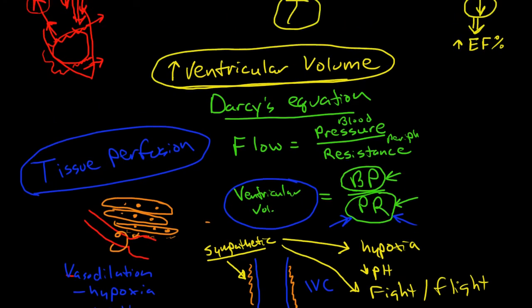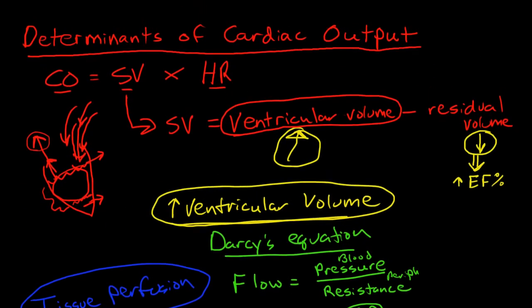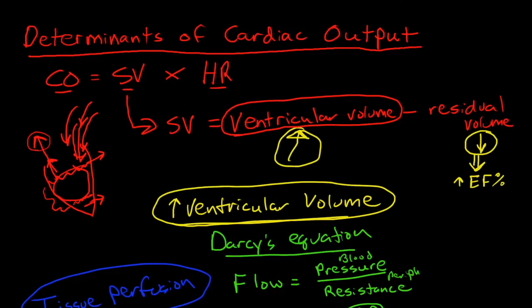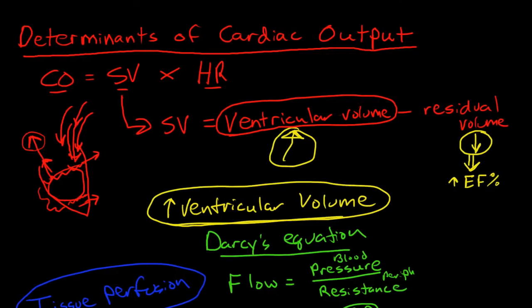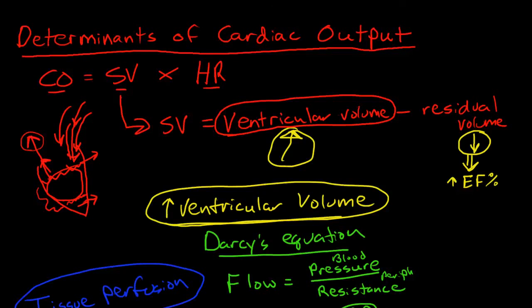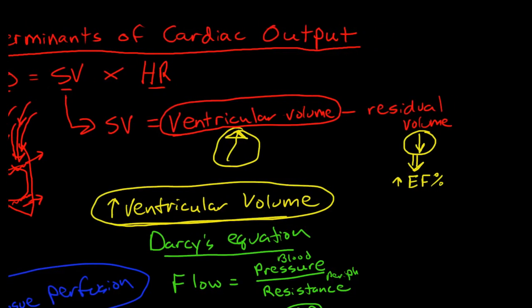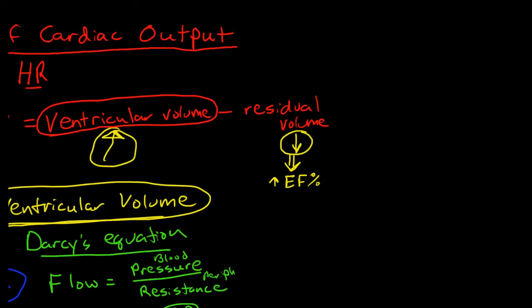Now let's talk about decreasing residual volume, which is akin to increasing ejection fraction. How do we do that? Well, we do that by increasing the contractility of the ventricles. Now, this happens naturally. There's two ways that this happens.